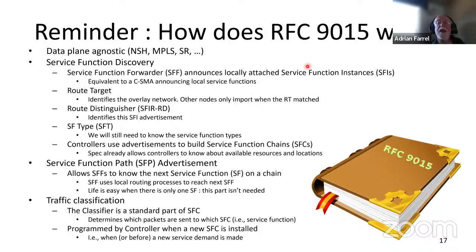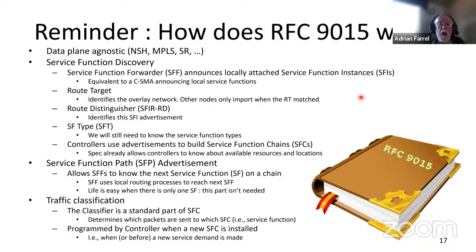So just a recap on 9015. What 9015 does is it uses BGP to announce where the service functions are, and what are the service functions that are located at those service function forwarders. And this is sort of functionally equivalent to the service metric agent announcing the local service functions and their capabilities.